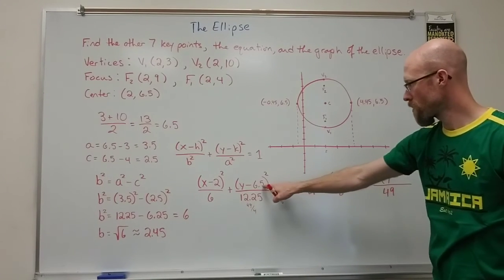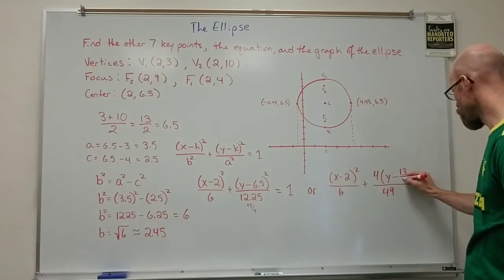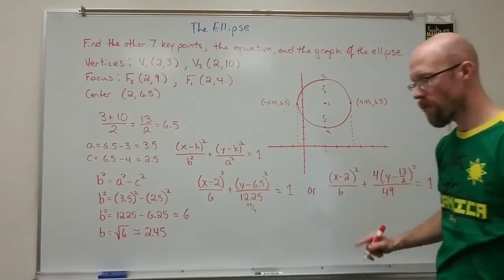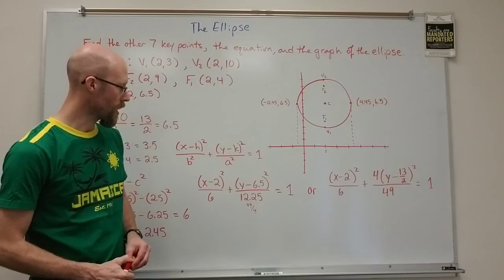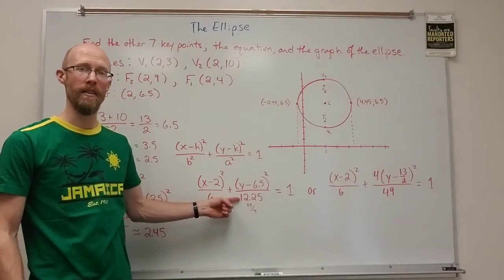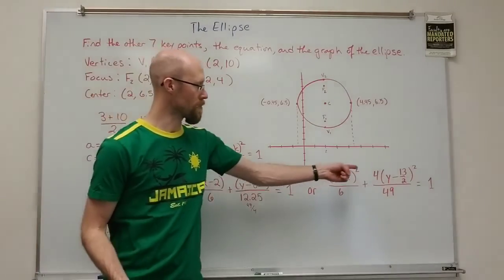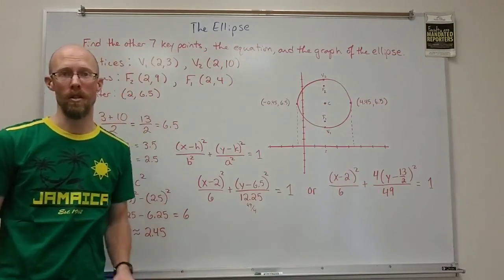And the 6.5 is really 13/2, so it would be 13 over 2 squared equals 1. So that would be another way to write that in fraction form. Again, dividing by 12.25 is exactly the same as multiplying by 4 and dividing by 49. Okay, so that combination is the same.